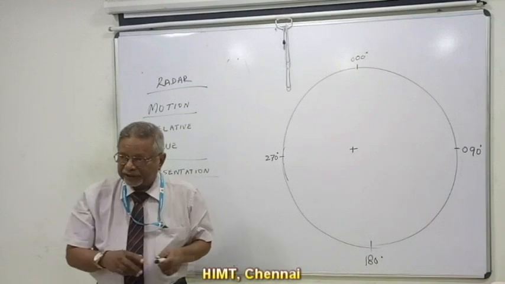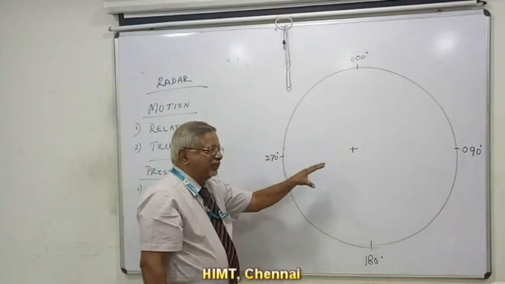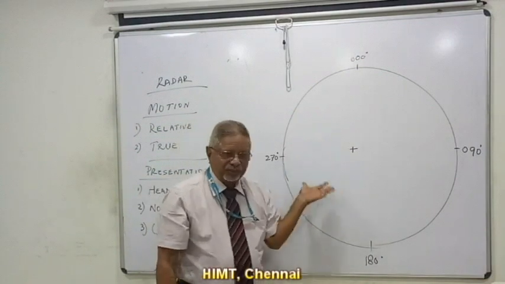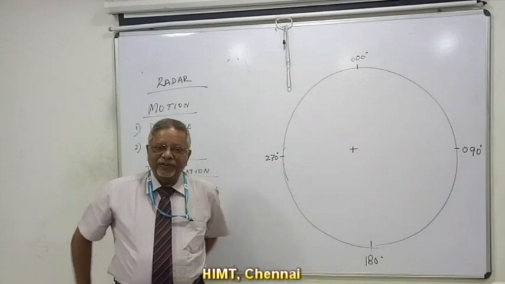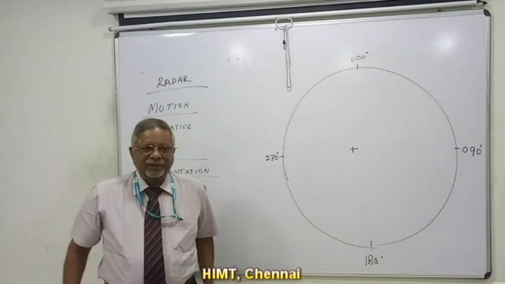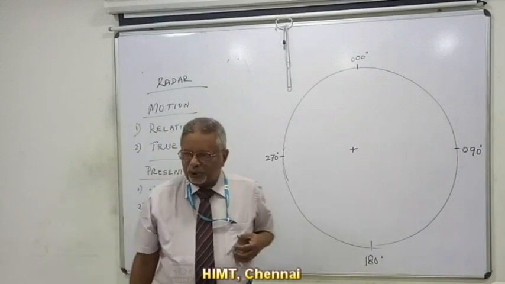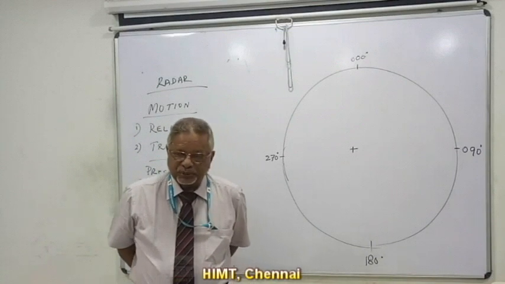At that time we had only magnetic compass. So this was the reason why, since radar was not gyro stabilized, we could only have relative motion. You can't have true motion without your course, can you? No. So only relative motion was possible.